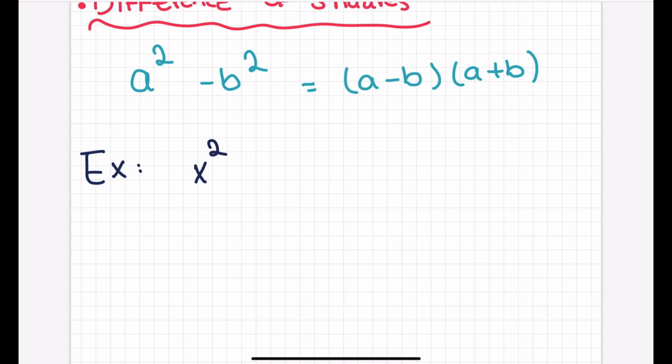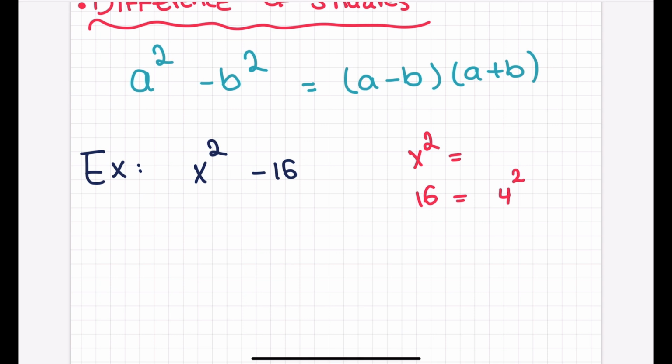Alright, if I want to give you an example, this would be the example. x squared minus 16. Wait a minute. Take a look. I can see x squared is a perfect square. Okay? And 16 is the square of something, which means 4 to the power of 2. So, hey, I can solve it.